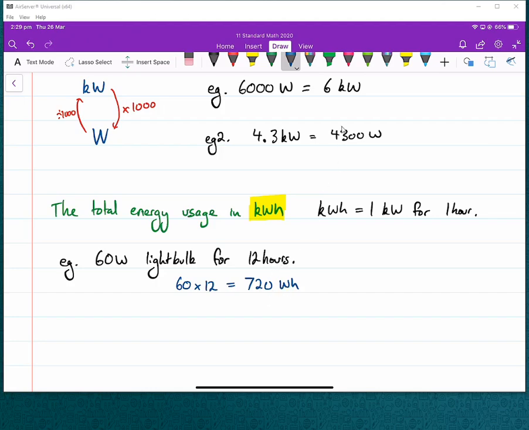And then we would divide this by 1000 like we've done here and say that's the same as 0.72 kilowatt hours. So that's saying if I'm getting charged 30 cents a kilowatt hour, I would get charged about 70% of that, so about 20 something cents, maybe about 20 cents or just over.